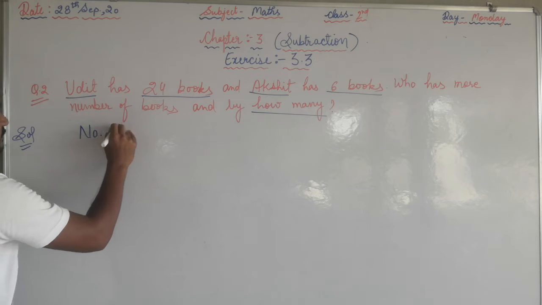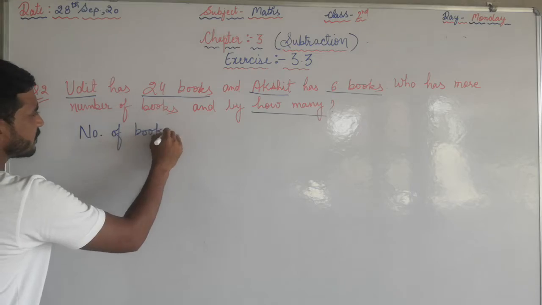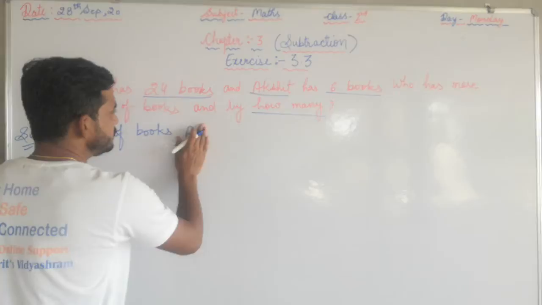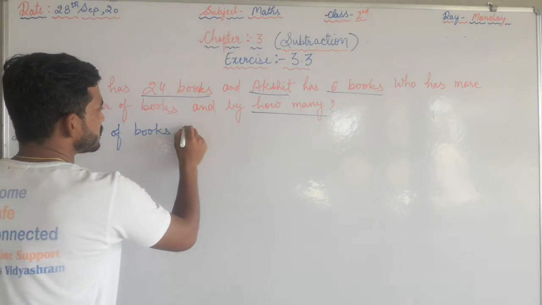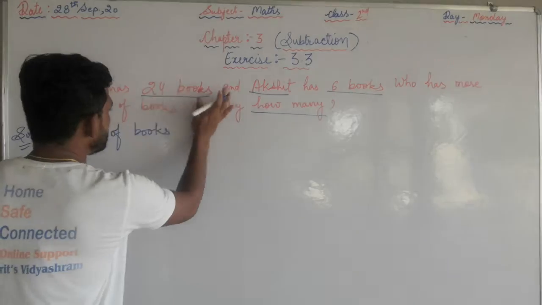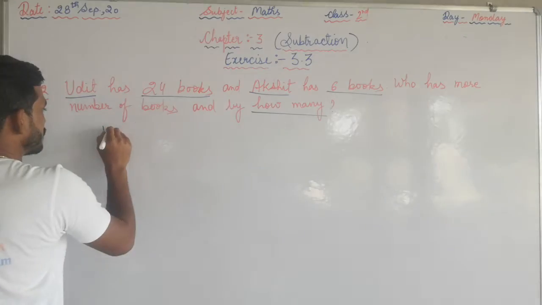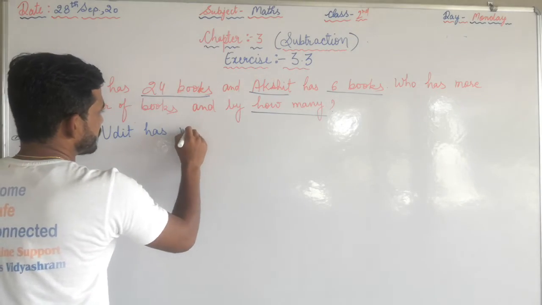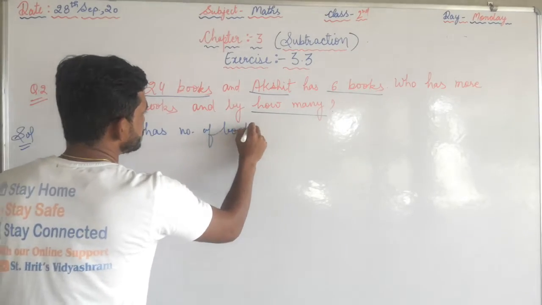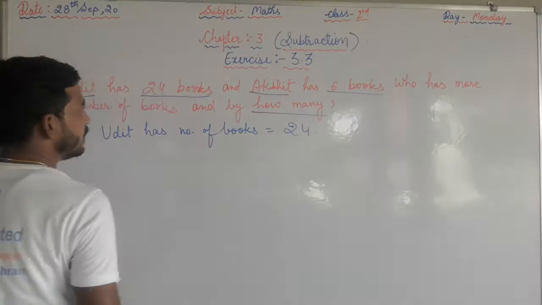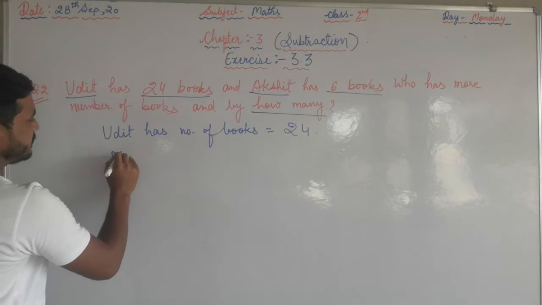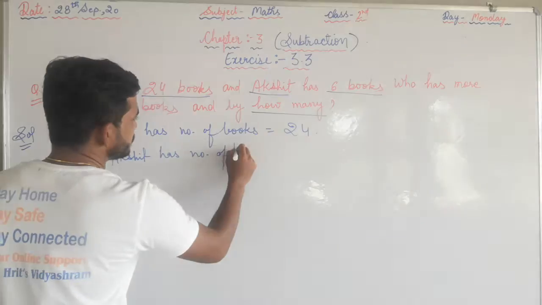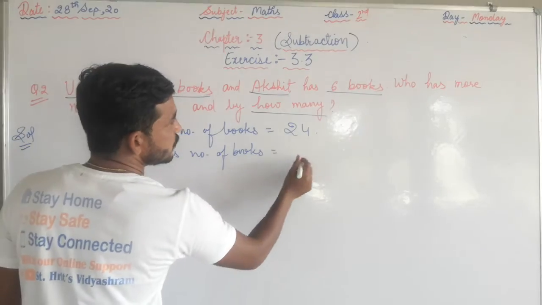Number of books Udit has equals 24, and number of books Akshit has equals 6.